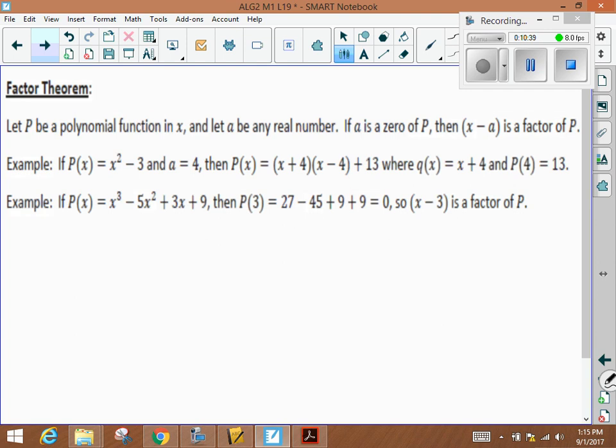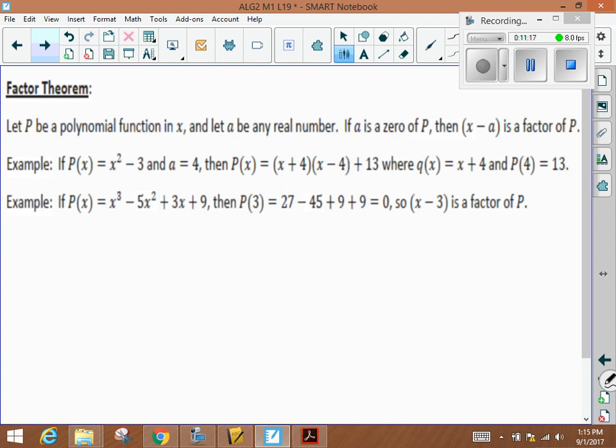So we also have a factor theorem, okay? It tells us that we can plug in a value for x, right? And if that value gives me a 0 in some factored form of a polynomial, then we wind up with an x-intercept, right?